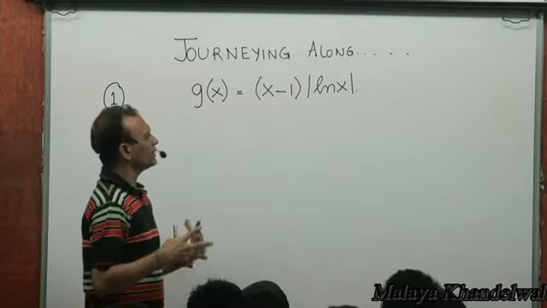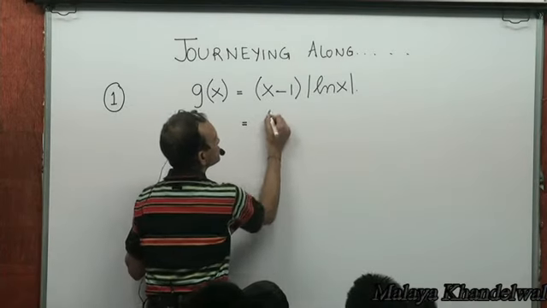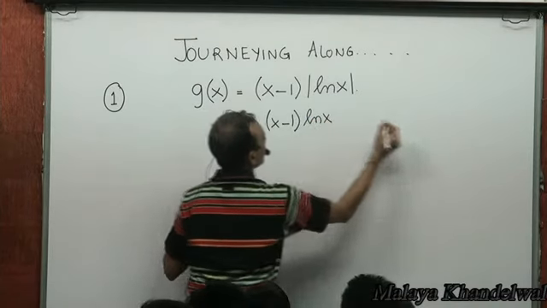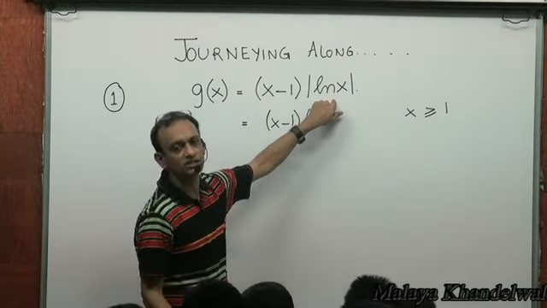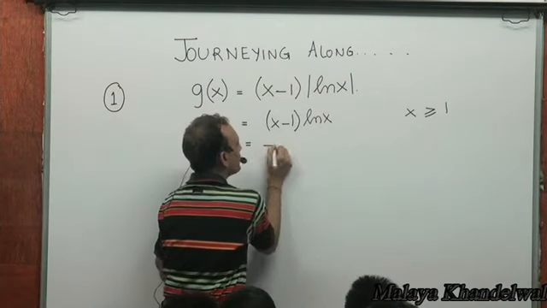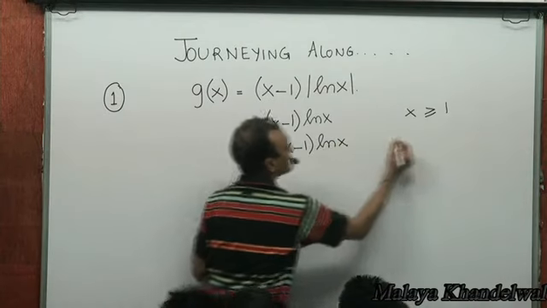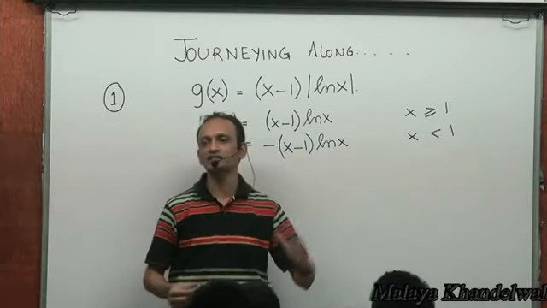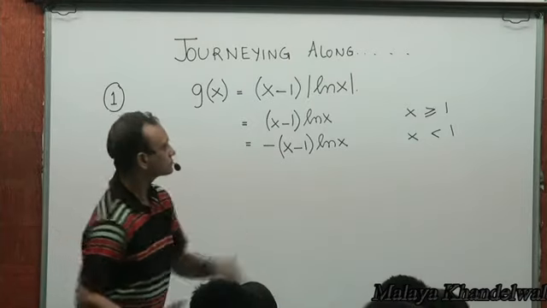You can easily see that a revised description of this function would be (x minus 1) ln x for x greater than or equal to 1, because when x is greater than or equal to 1, ln x is greater than or equal to 0. And it is going to be minus of (x minus 1) ln x for x less than 1. Yes or no? Because when x is less than 1, ln x is less than 0, mod ln x would be minus ln x. Clear?